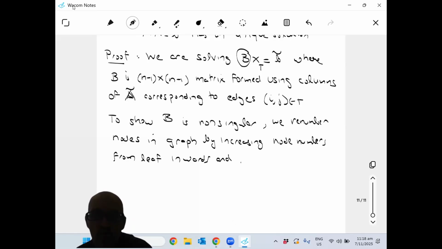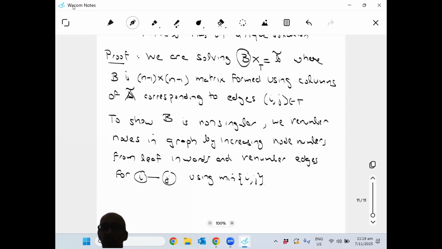After you do this, reorder columns and renumber edges ij using the minimum of i, j. I'll show you what this does.